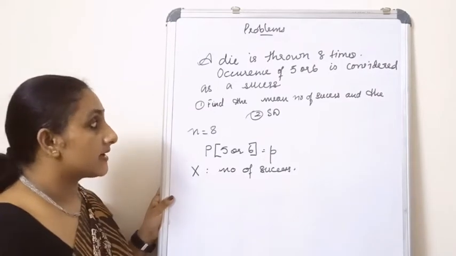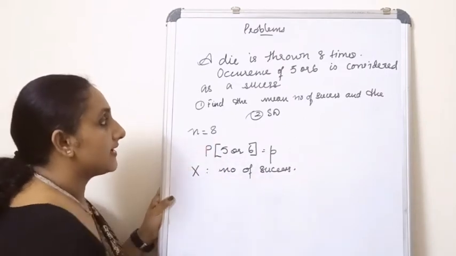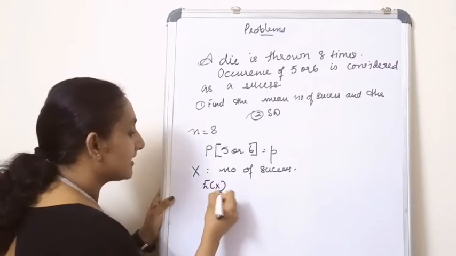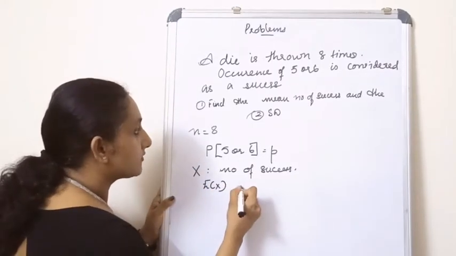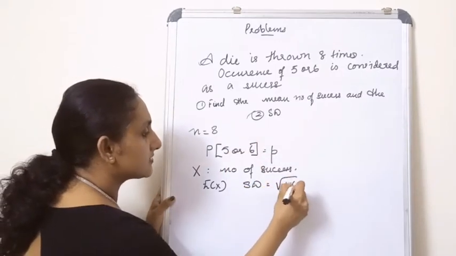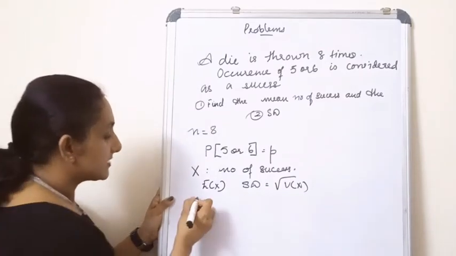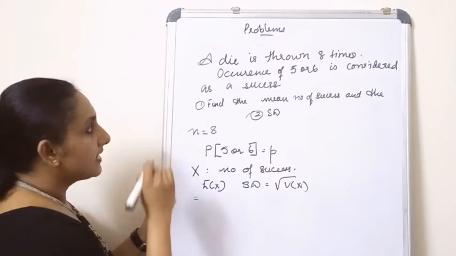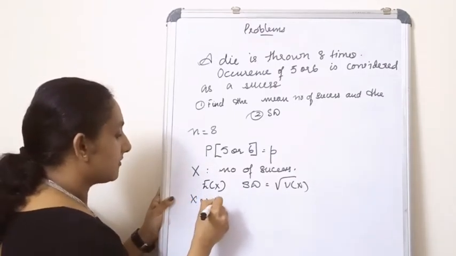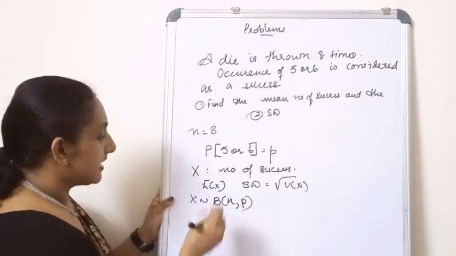Now we will have to arrive at the answer. First you have to find the mean number of success, that means you have to calculate the expectation of x, and then the standard deviation, which is the root of variance of x. These are the two things you have to calculate. Here x follows a binomial distribution since it is connected with success.